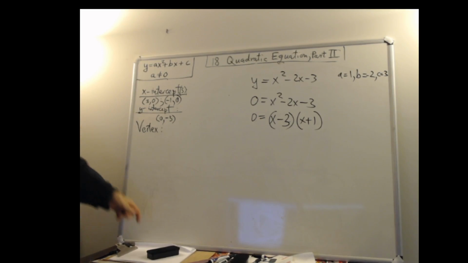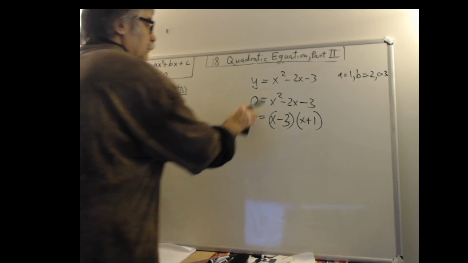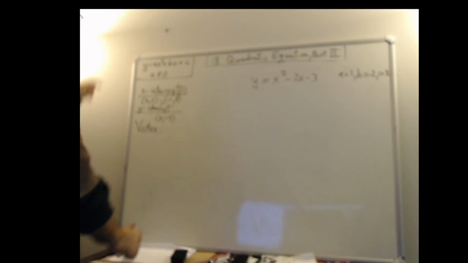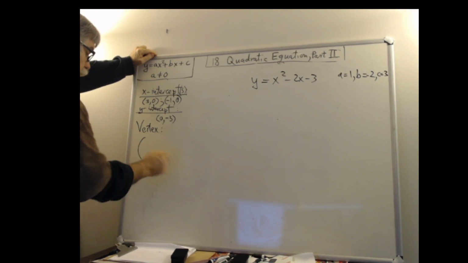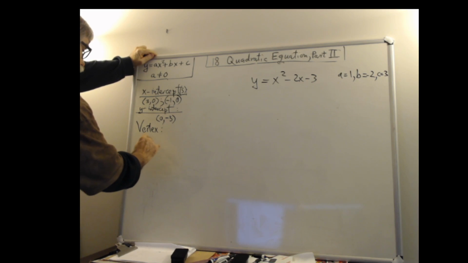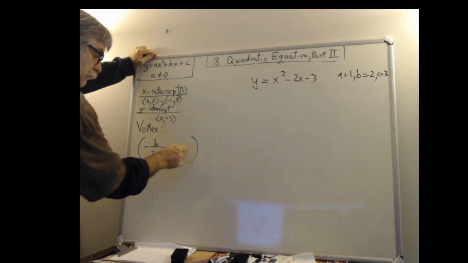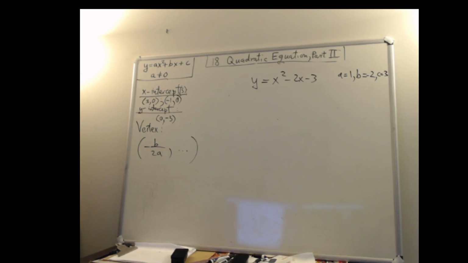Now I need a vertex. I have the formula for the vertex. Negative b over 2a. And then I have some long formula here, which I don't remember, right? I wrote it down, but I don't remember it anymore. You don't need to. This piece is easy.